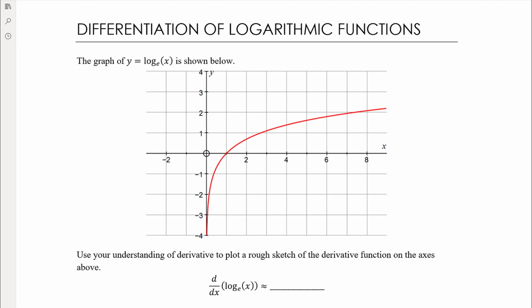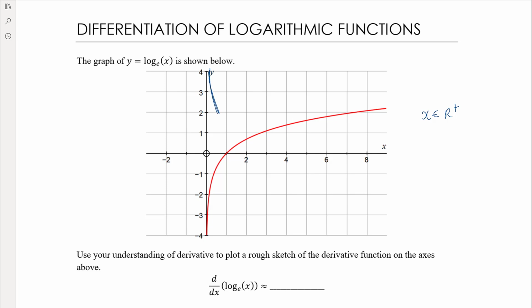The log function is differentiable for x an element of R plus, and so therefore our derivative function will only exist where x is an element of R plus. We can see when x is a very, very small number, the smaller it is, the steeper the graph is. Okay, so the gradient gets bigger and bigger the closer we get to 0. So we're going to have an asymptote in our derivative function.